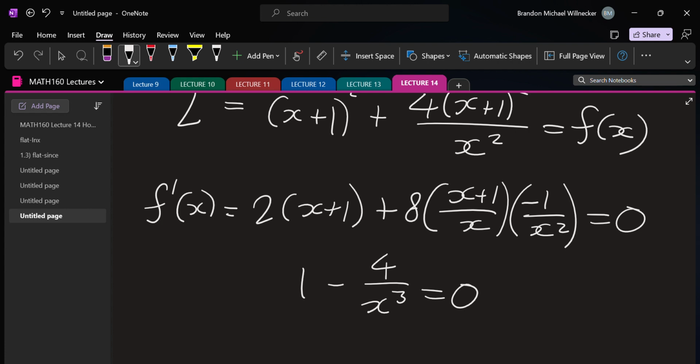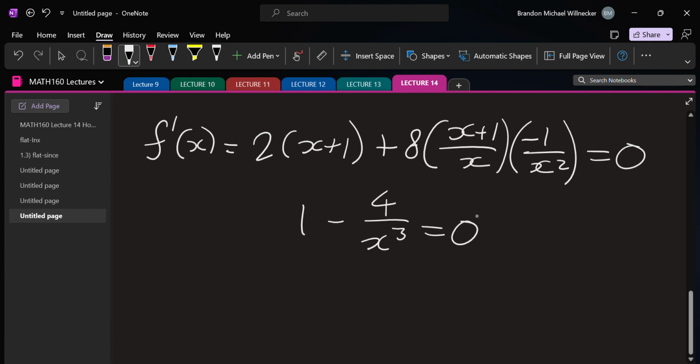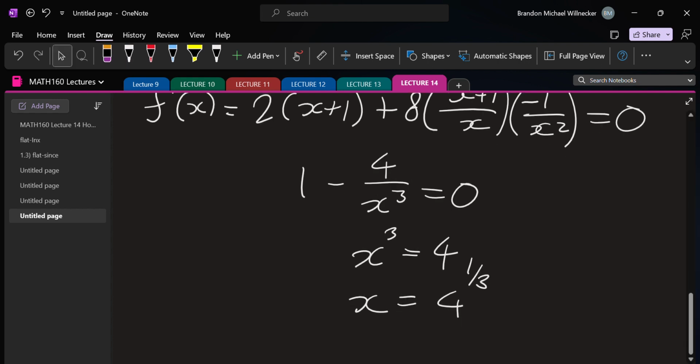We divide by 2, so that becomes 1, and then the 8 becomes 4. x squared and x gives us x cubed. Multiplying across, we get x cubed must be 4, so x is 4 to the one third. So that is the distance away from the wall that will give us the minimum ladder length.